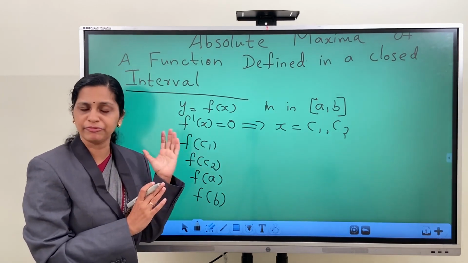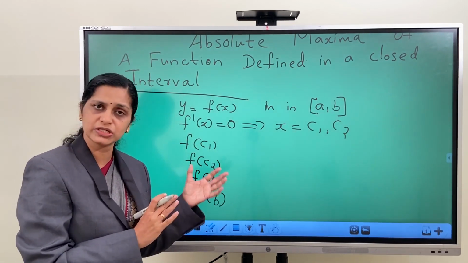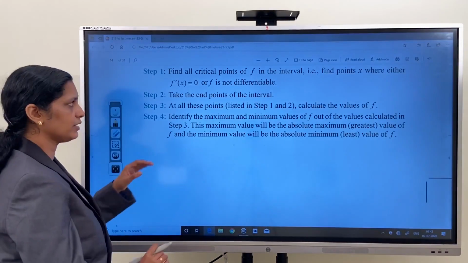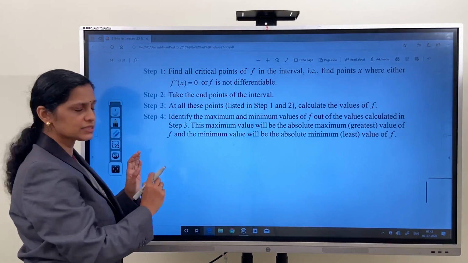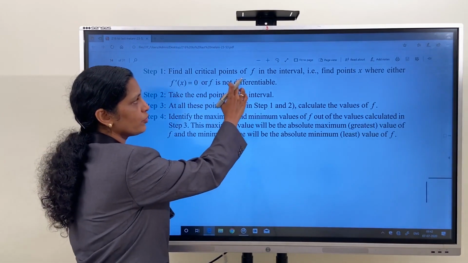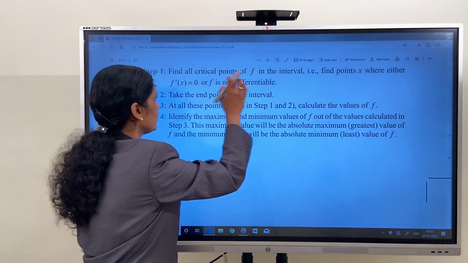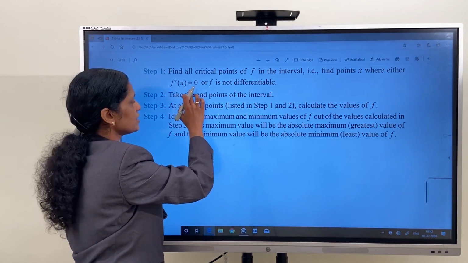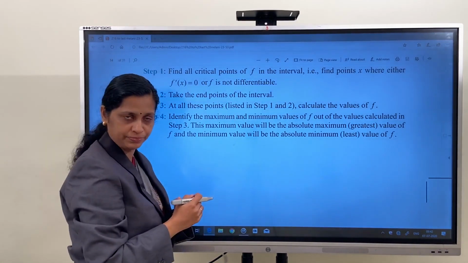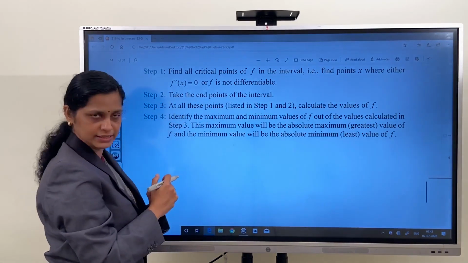Then this is the step for finding absolute maxima and absolute minima of a function defined in a closed interval. Let us see that in your text, it is given. Look, step 1, find all critical points of f in the interval. That is, find points x where either f dash x is equal to 0 or f is not differentiable. Step 2, take the end points of the interval.